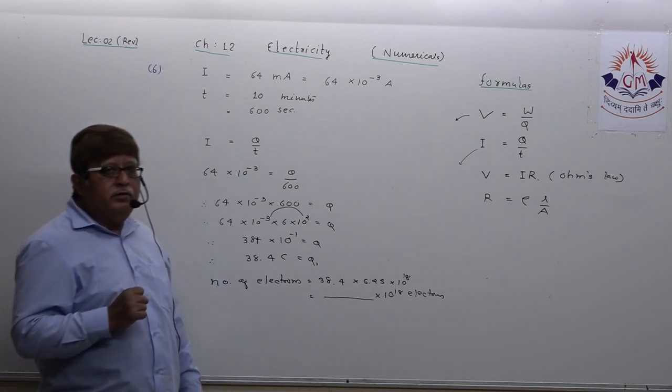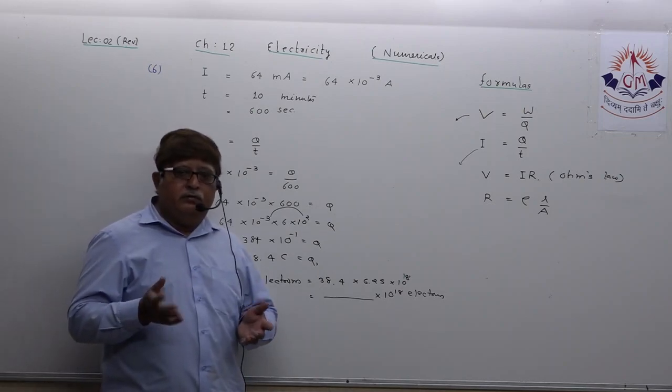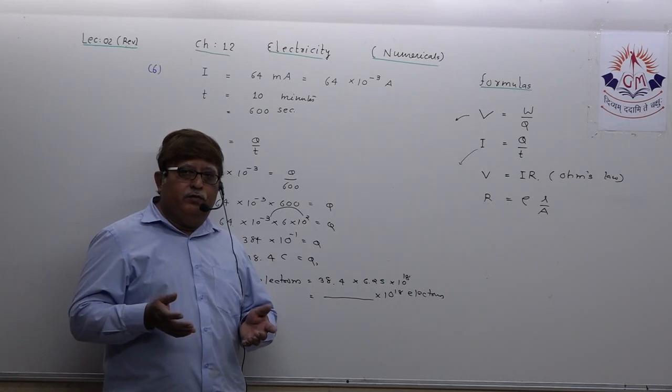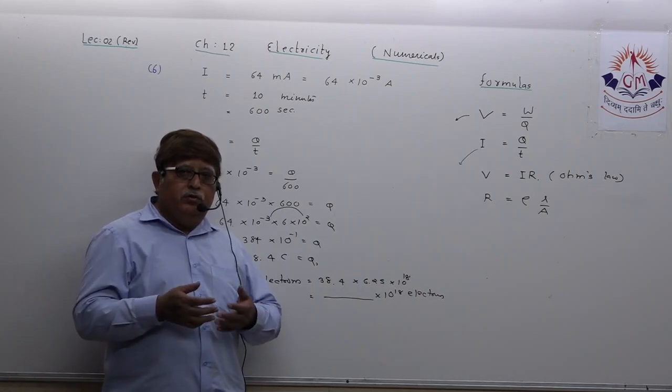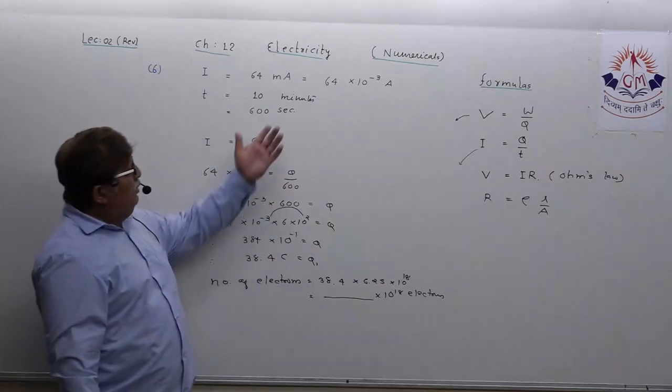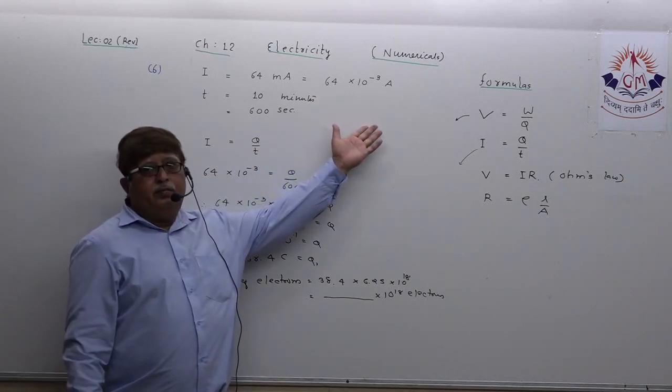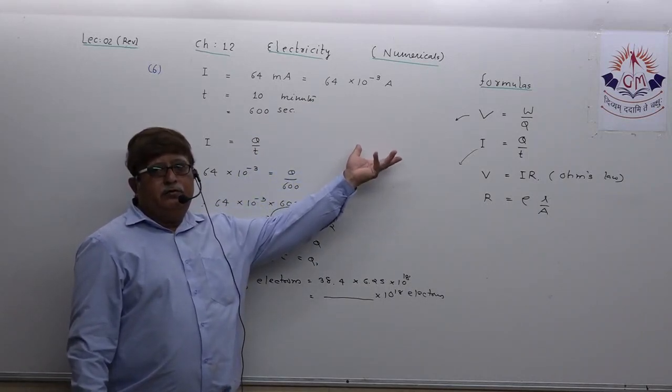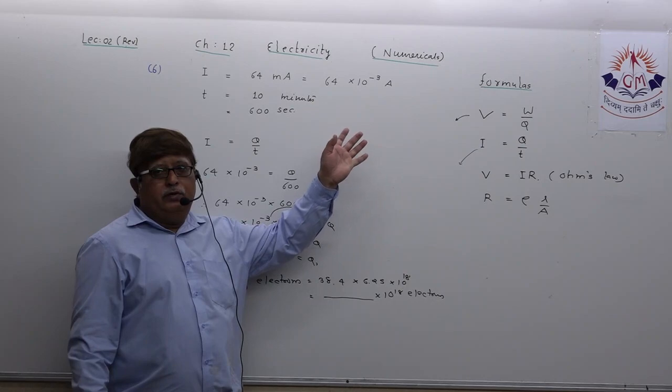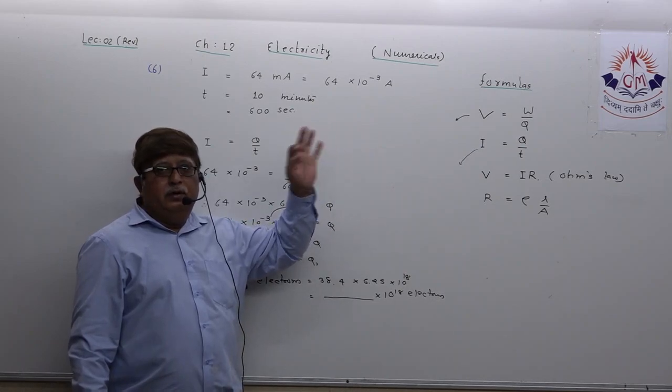Suppose time hasn't been given and they have simply given 60 milliampere, you would have converted it into ampere and multiplied it by 6.25 into 10 raised to 18 electrons.